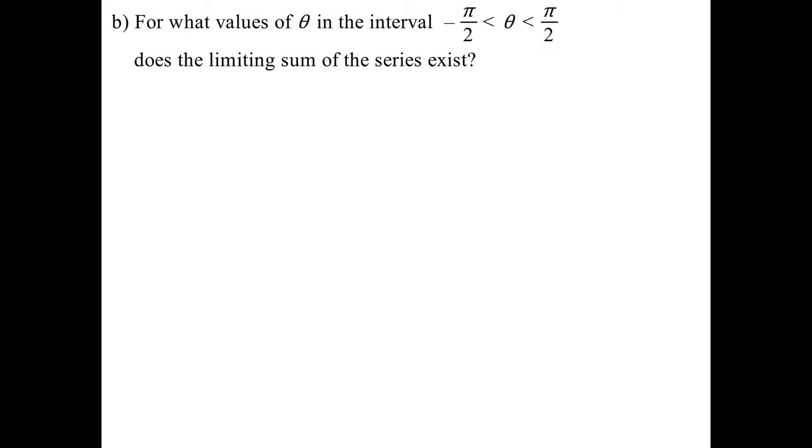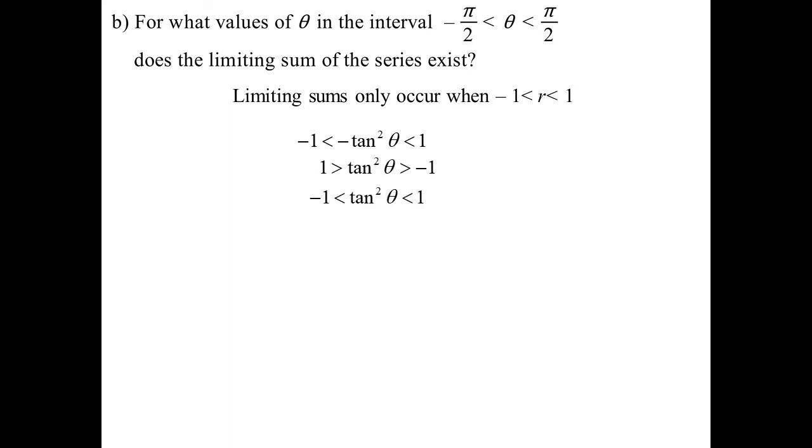So does it exist? Well, limiting sums only exist in between -1 and 1. We want to know when is minus tan squared in between -1 and 1. I've divided everything by -1, so if you change the sign, but here's the really cool thing. Oh, look, we're back to it again. Well, think about it. If minus tan squared's in between -1 and 1, tan squared's got to be in between -1 and 1, doesn't it?